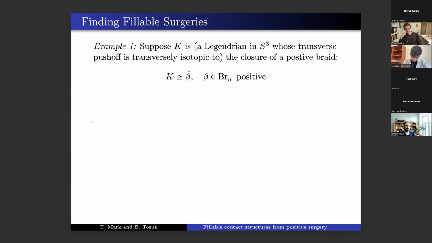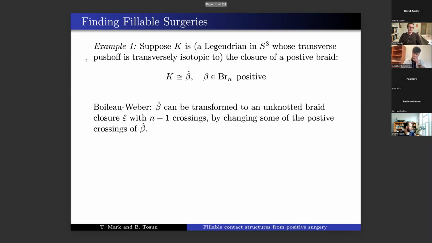So for example, suppose your knot happens to be the closure of a positive braid. Again, there are some words you should mumble about keeping track of whether it's Legendrian or transverse, but okay, think of your knot as a positive braid. Well, there's a nice algorithm that was written down by Boileau and Weber some time ago.